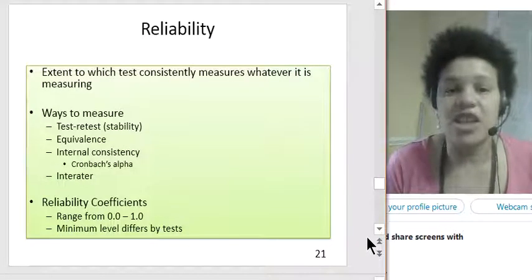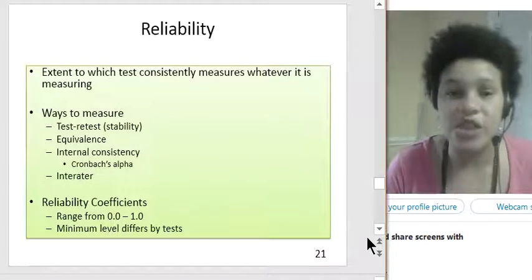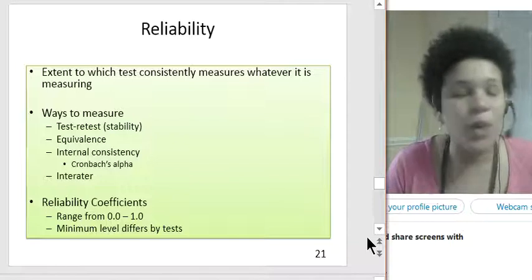Finally, reliability is the extent to which tests consistently measure whatever it is they're measuring. That's that consistency. There are different ways to measure it.